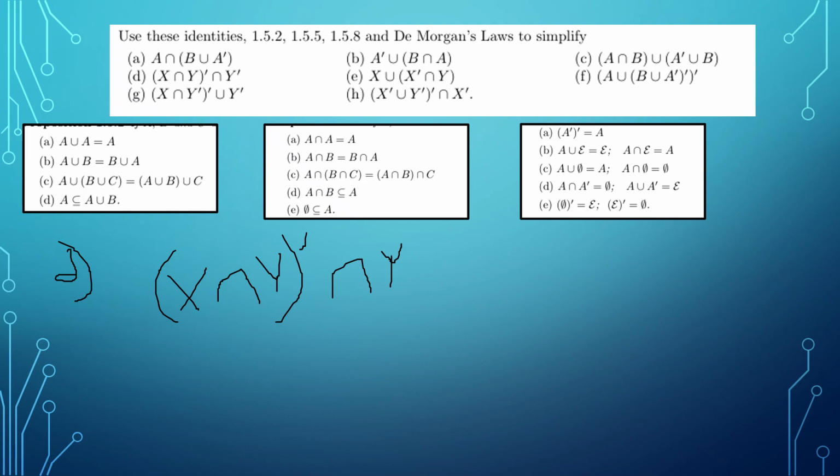Now usually if this apostrophe was not there, all we would do is use the property which we can see right here or here, and you would have switched it and you would have had x intersection on its own, and in brackets you would have had y intersection y.